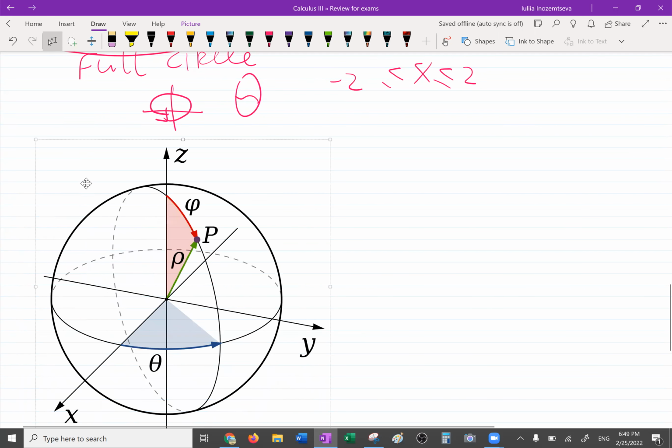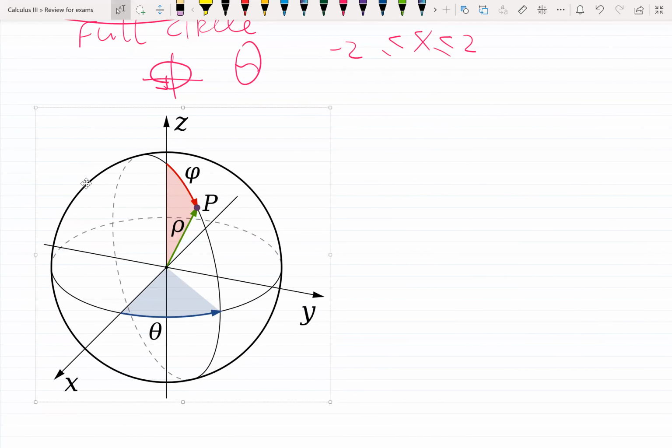Let me write down. Yeah. So if it is the whole rotation from north pole to south pole, then it's going to be from 0 to pi. If it does the half, then to pi over 2. Yeah. This is kind of the idea. That's the most confusing part, always actually.